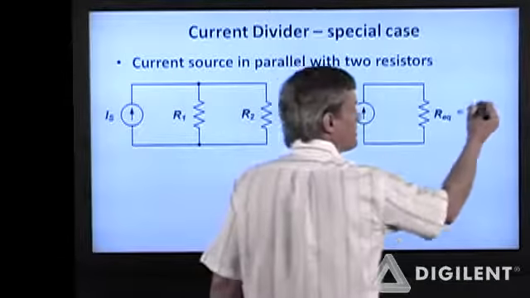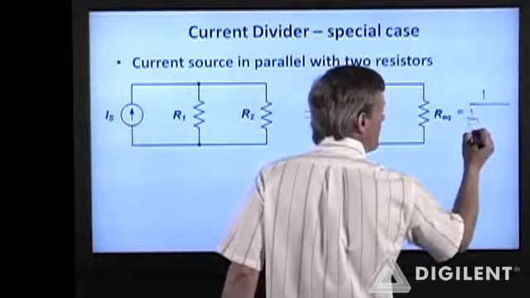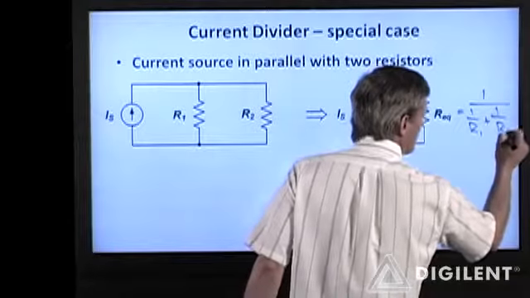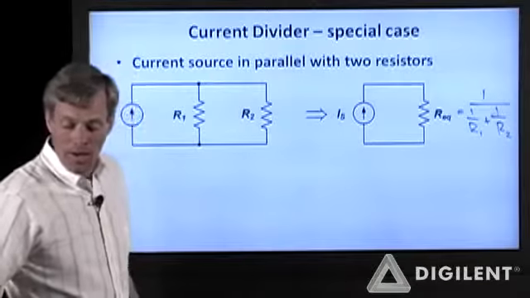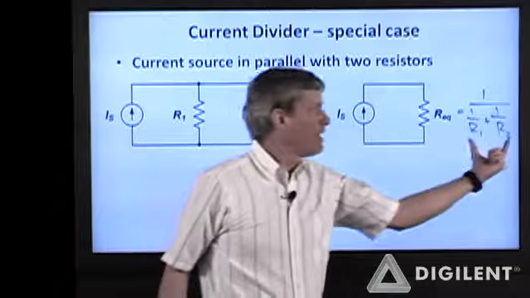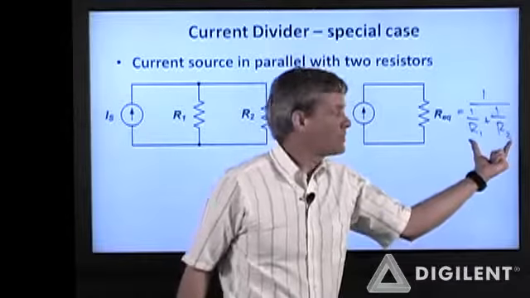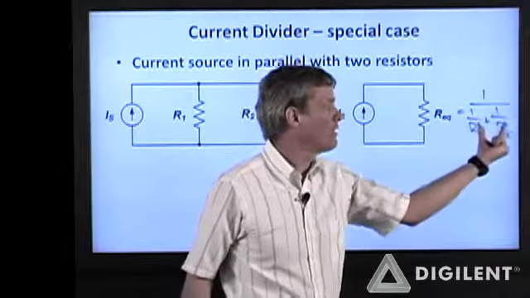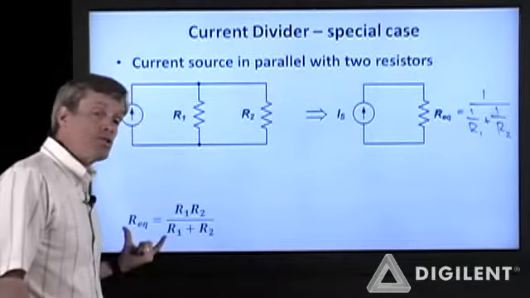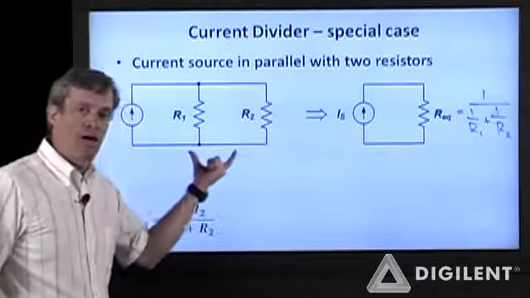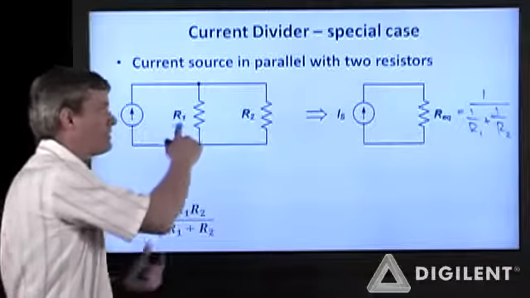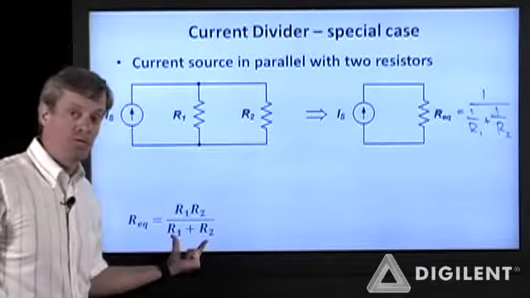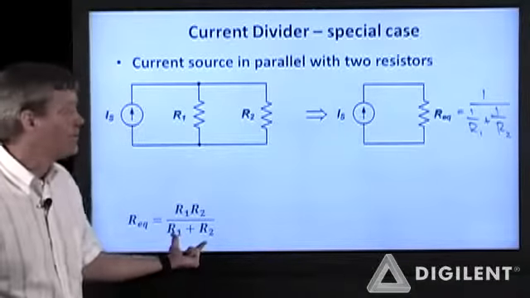The resistance is 1 over the sum of the conductances. Clearing the denominator, multiplying top and bottom by R1 times R2 gives me Req is R1 times R2 over R2 plus R1. So the equivalent resistance of a parallel combination of two resistors is the product of the two resistances, R1 times R2, over the sum of the two resistances, R1 plus R2.